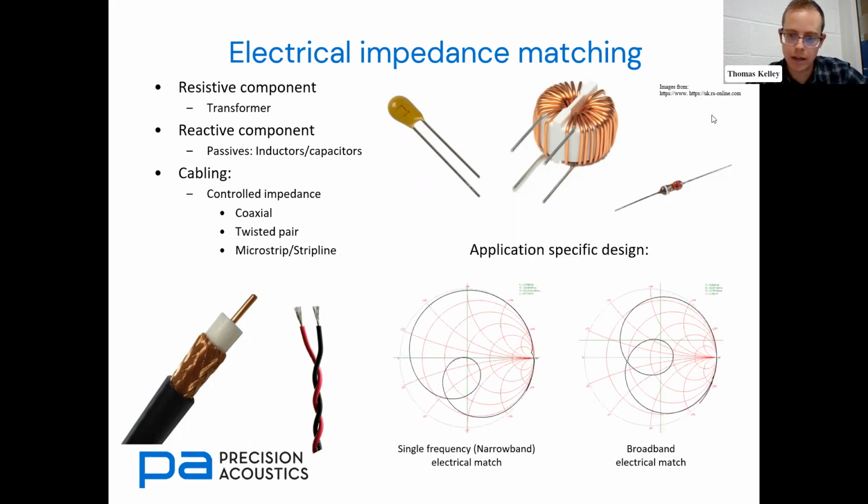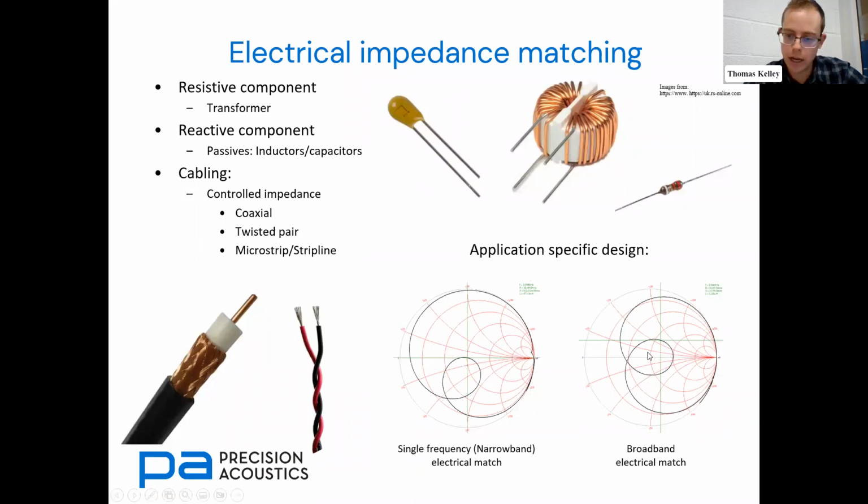As you can see here on these little Smith chart pictures, which are normalized to a 50 ohm central point, we can choose from a narrowband match where we have a single frequency selected to be matched to 50 ohms exactly, at the expense of all the other frequencies, which are quite a long way from 50 ohms.